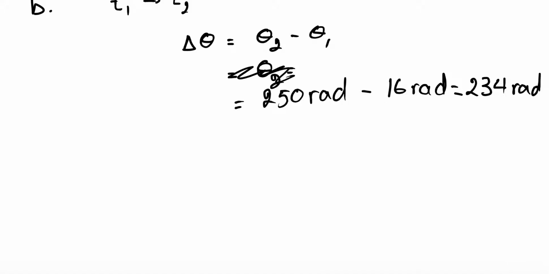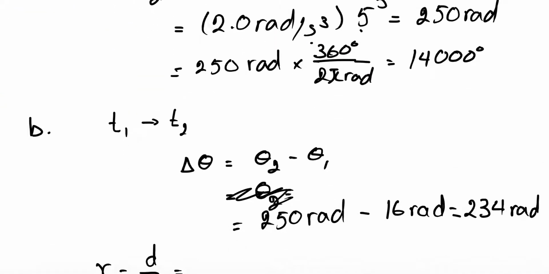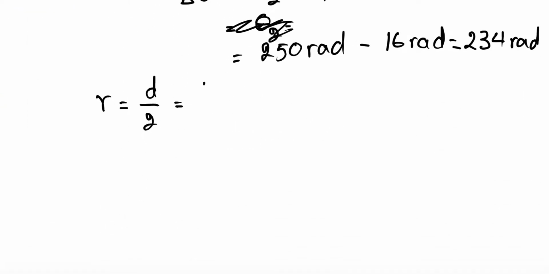Now we found the angular displacement. The radius is half of the diameter. So R equals D divided by 2, and the question gives D as 0.36 meter, don't forget the unit, divided by 2. So R is equal to 0.18 meter.